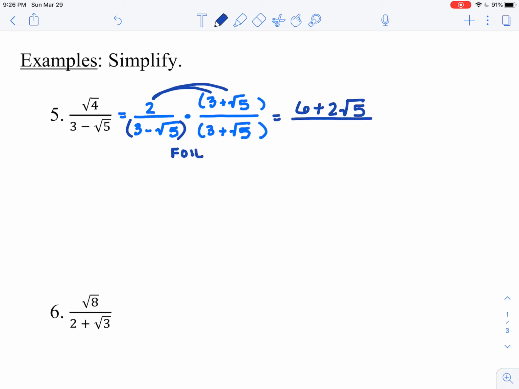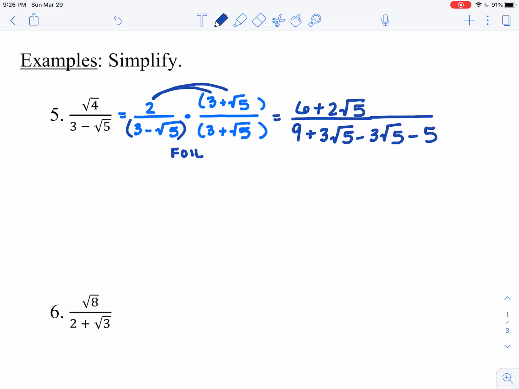When we multiply the first two terms together, 3 times 3 is 9. For the outer terms, 3 times square root 5 is 3 root 5. The inner terms give us minus 3 root 5. And the last terms, negative square root 5 times positive square root 5 makes negative plain old 5.